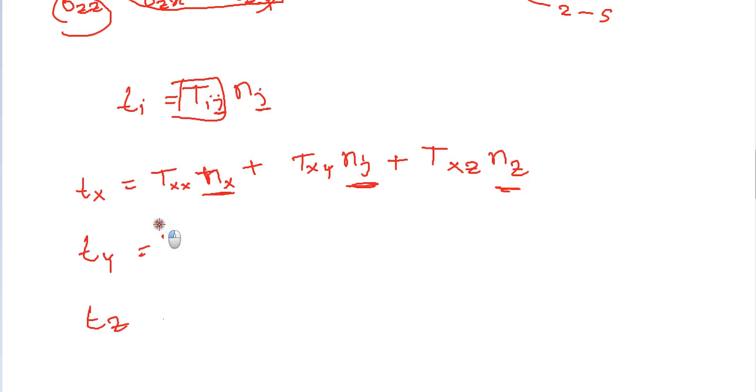Yeah, I'm going to write it down. So to describe this, I can write down here T, I 2 1.